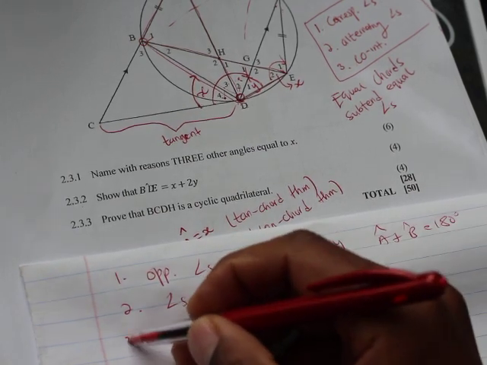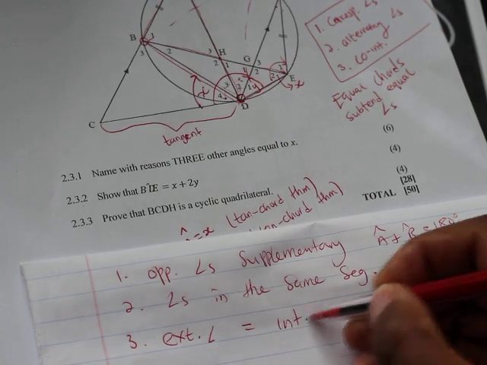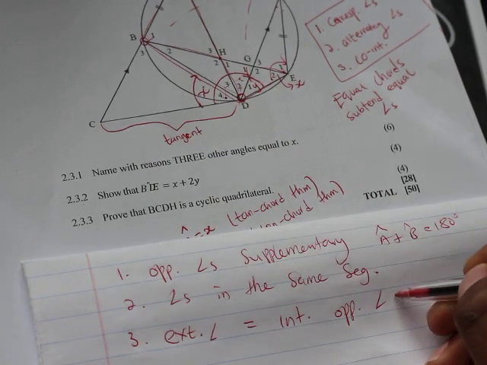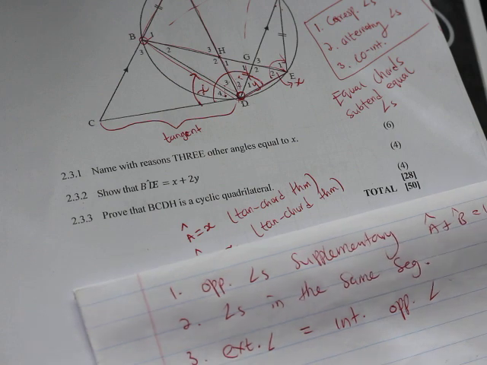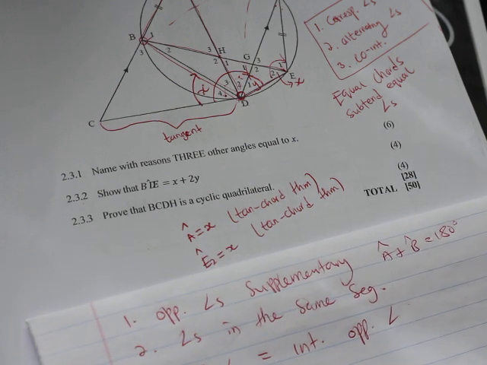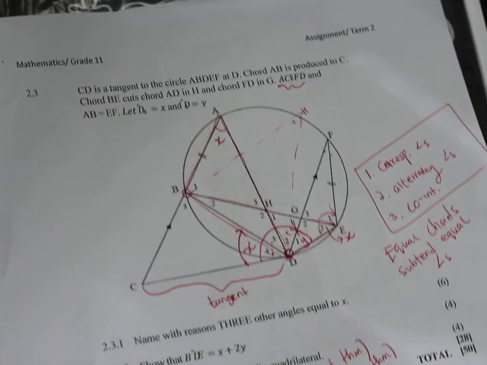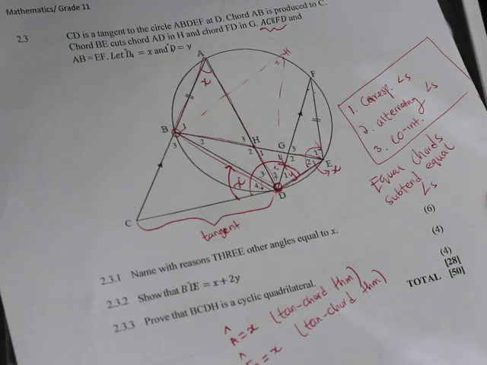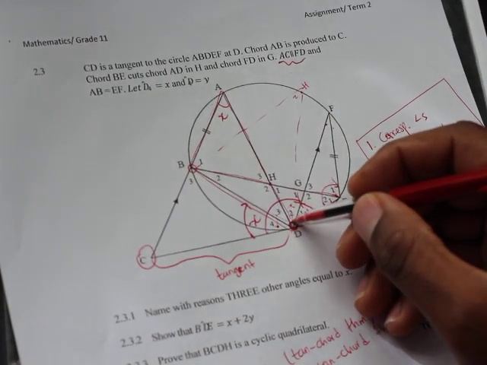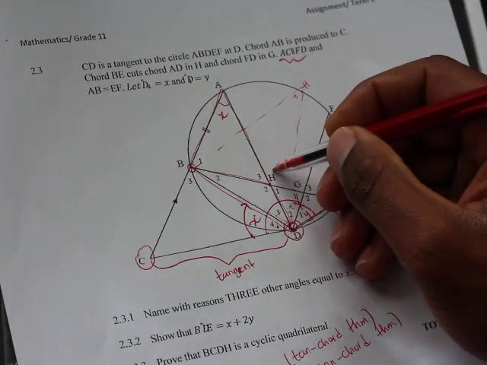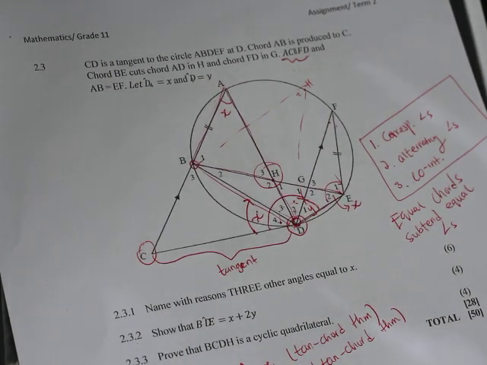Number 3, when the exterior angle equals the interior opposite angle. So these are the three theorems we can use to prove that a quadrilateral is cyclic. Now we need to identify the quadrilateral they're talking about. They're saying BCDH. So here's our B, there's our C, there's our D, and there's H over there. So we need to prove that this quadrilateral is cyclic.